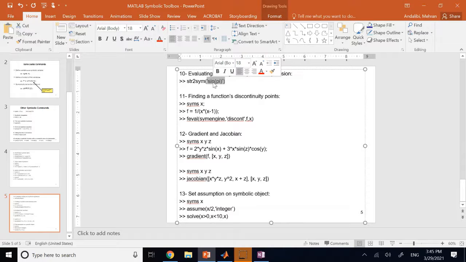And actually, this command is the most important command you need for your project. In your project, what do you need? You need the user to type in the name of a function, correct? But when you want to evaluate that function to, let's say, find the radius of curvature or anything, that variable that you have has to be a symbolic variable, not a string, right?